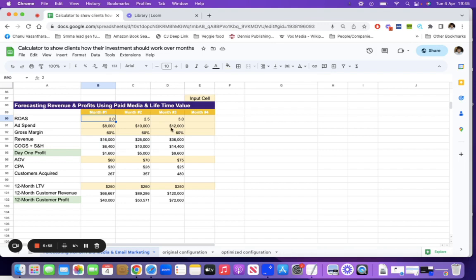So 3 times 12 grand is a total of 36, and your total costs to fulfill those orders are 14,400. So you're left now with a 1 day profit of 9,600.